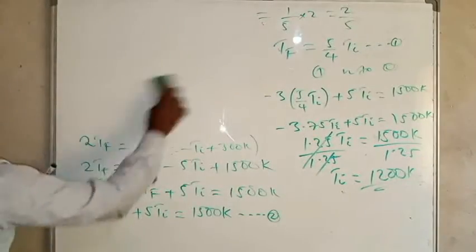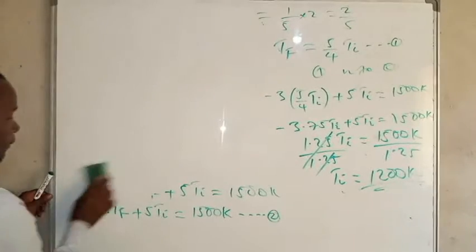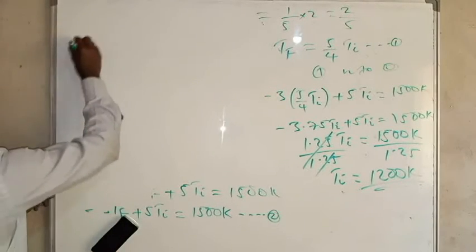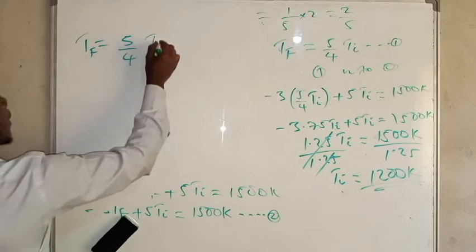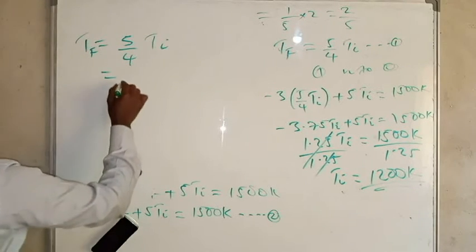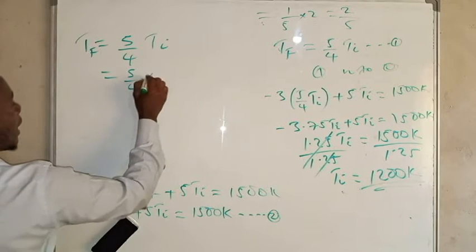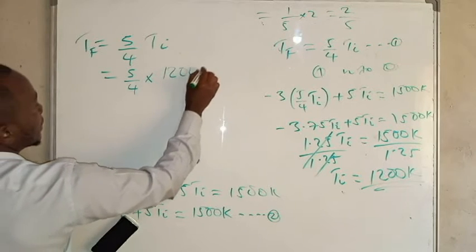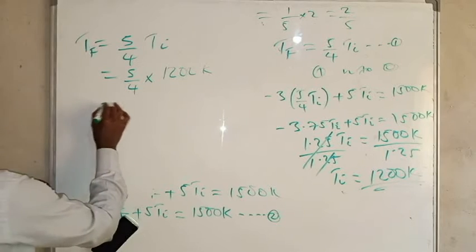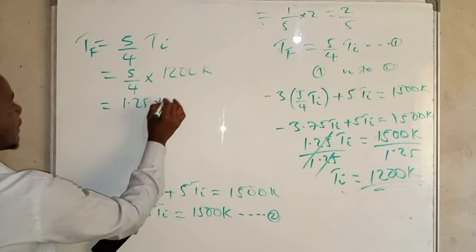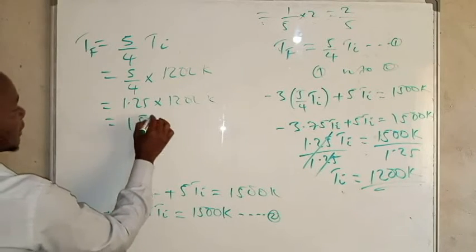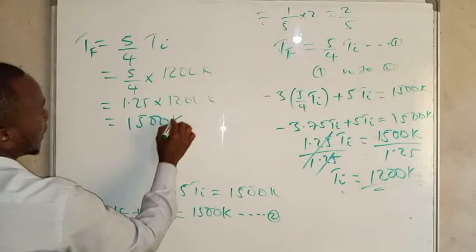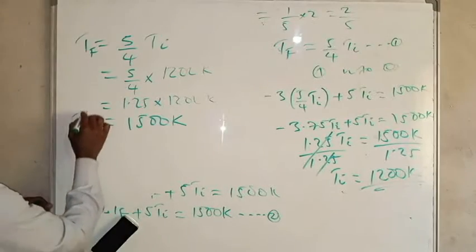So this is the value for Ti, and then let us find the value for the T source, or Tf. Our Tf is equal to 5 over 4 Ti, which is 5 over 4 times 1200 K. So we have 1.25 times 1200 K, which gives us 1500 K. So this is Tf.